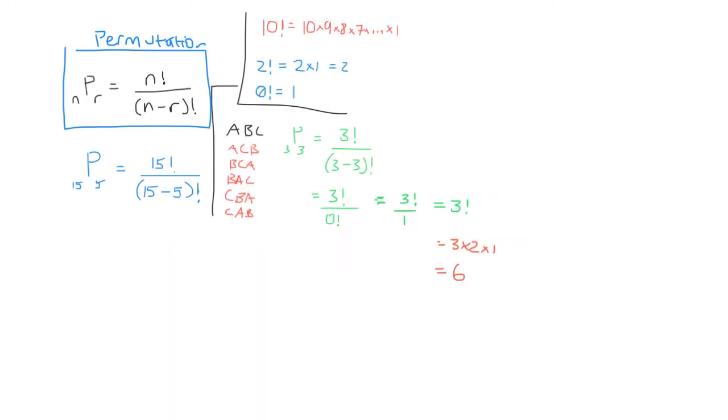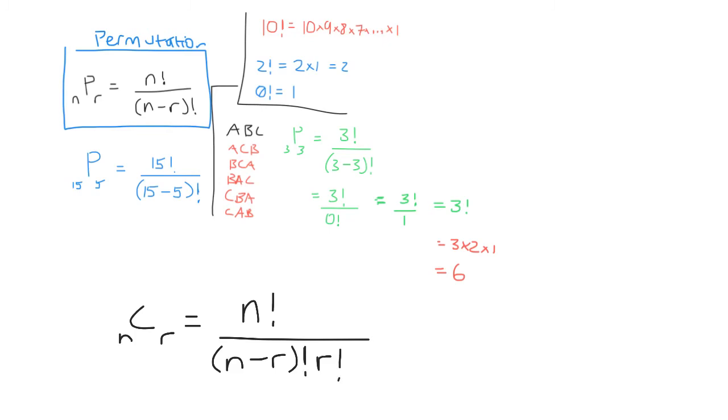And the combination formula is kind of similar, actually, where you're going to have n factorial on top, but then underneath, you have the same thing, only there's this extra factorial.